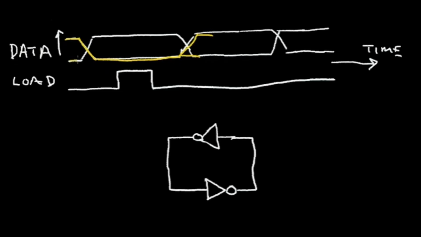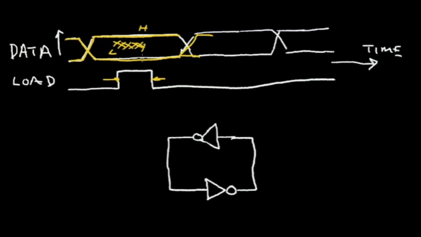So the point is, this data can be either in a high state or a low state. And let's say that I want to generate a load pulse shown here. And this load pulse is going to sample the data at this time and store it into a latch.